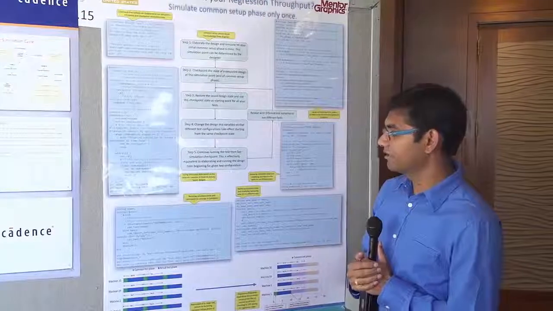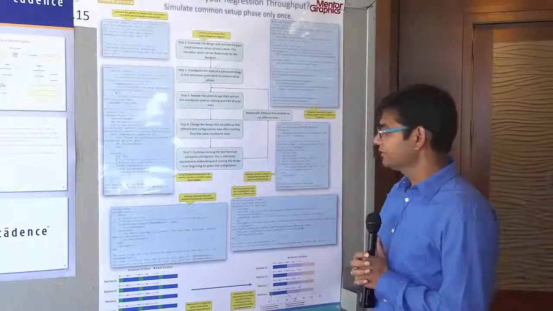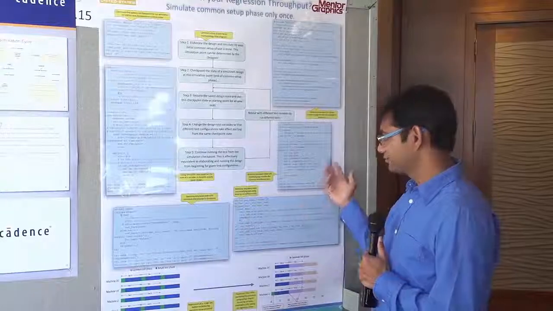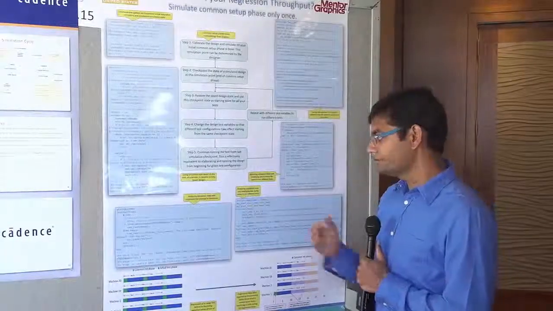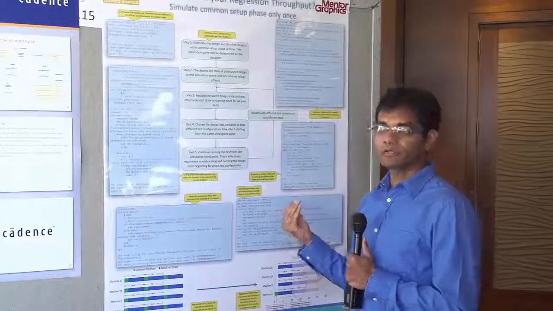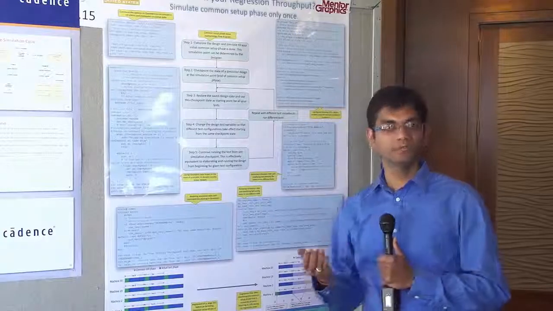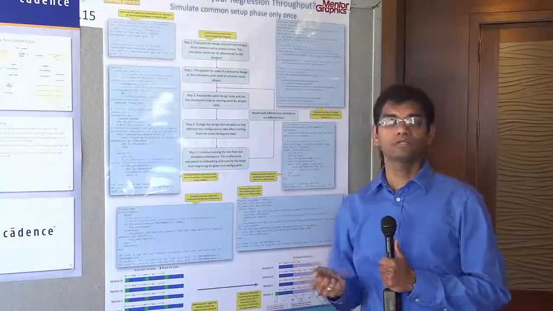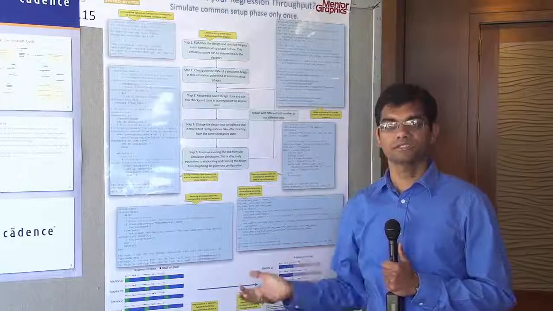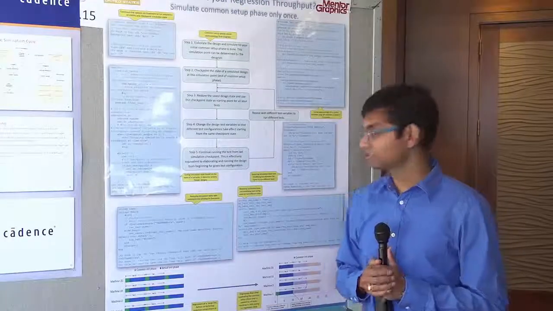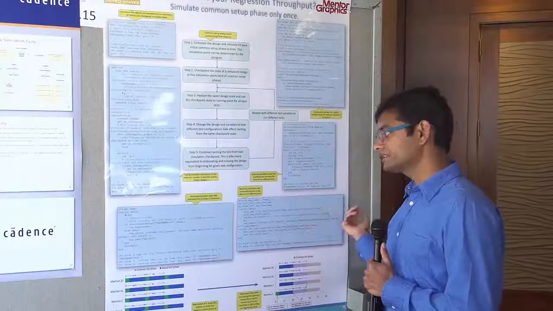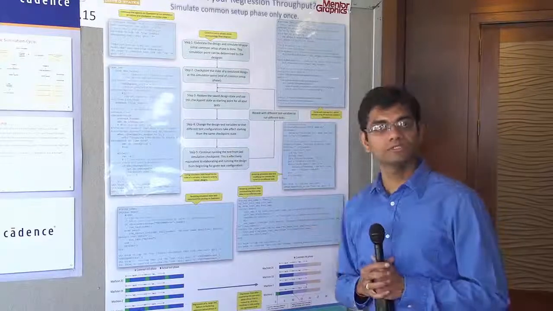There are a lot more details in the paper. A lot of times the user has a question: when I checkpoint and restore, how do I change or run different tests? How do I change the stimulus? So we have provided a couple of examples which we have seen commonly used in designs.